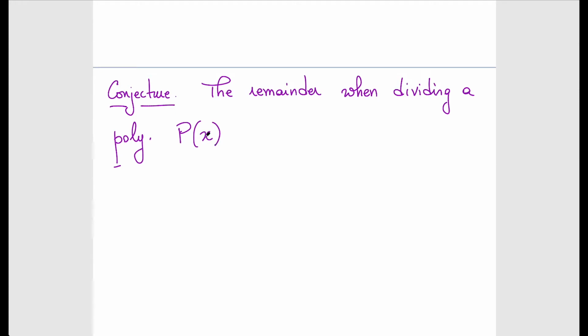The remainder when dividing a polynomial p of x by x minus a number, whatever this number is, how about we call it c, where c is a constant, a real number.